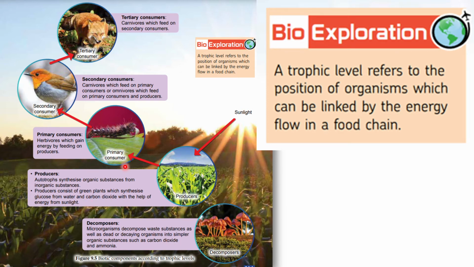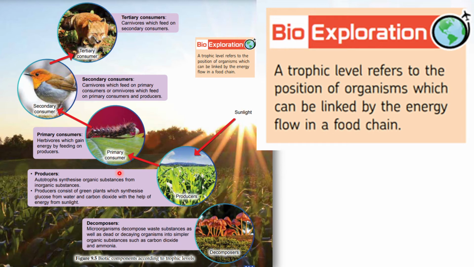Okay, next, let's follow the food chain right here. After the producers, we have an arrow pointing to the next organism, the next biotic component, and that's the primary consumer, pengguna pertama, just right after the producers.